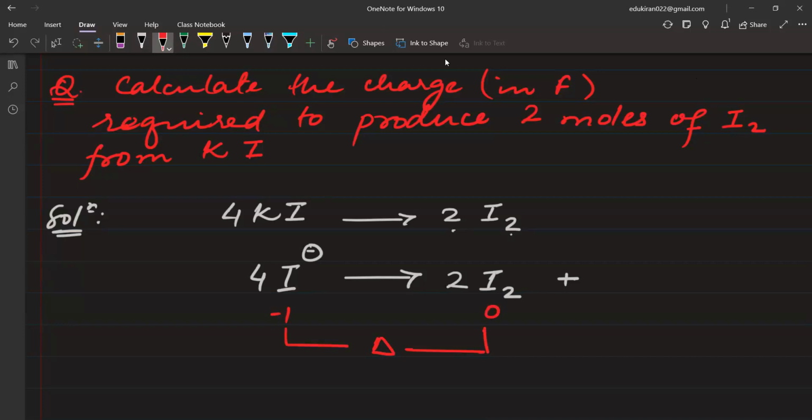What is the change in oxidation state? What is the change? अरे चेंज कितना हुआ? जल्दी बताइए ना। हाँ, एक चेंज हो रहा है ना, 1.